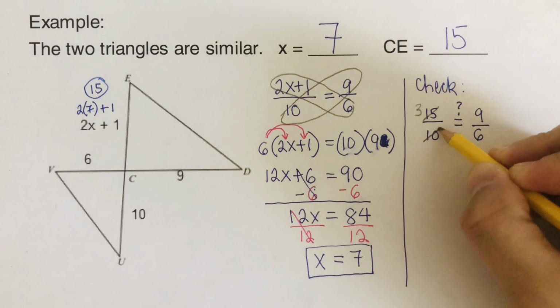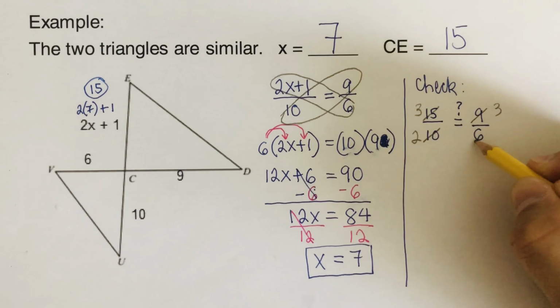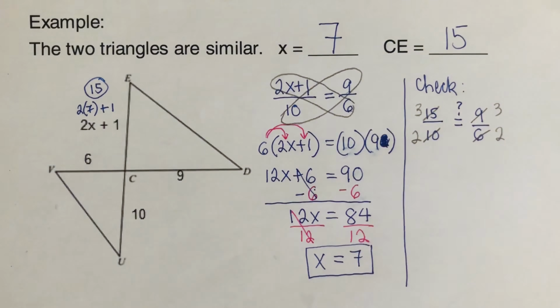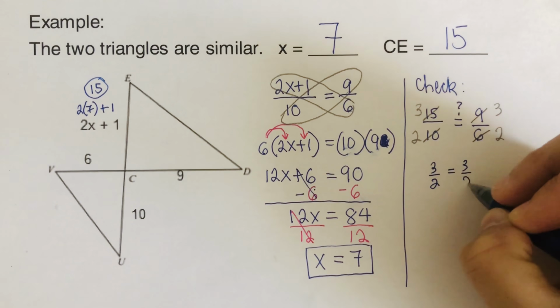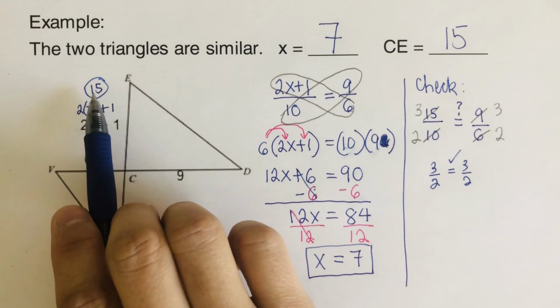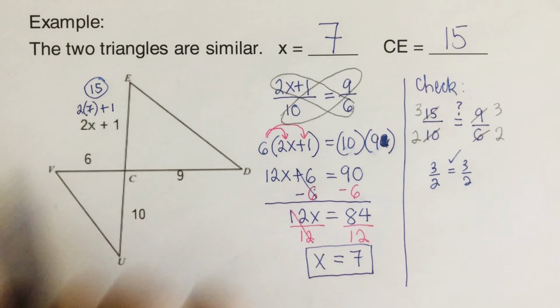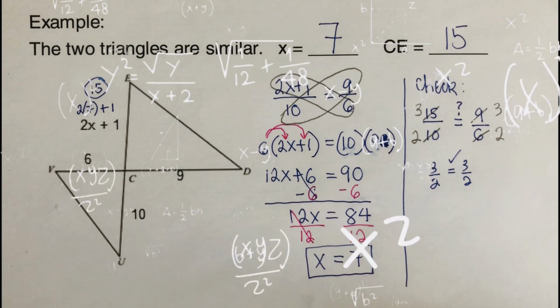This one goes by 5 twice. This one goes by 3 three times. This one goes by 3 twice. So that means we have 3 halves is equal to 3 halves. And so that means the value that we have here, which is 15, is correct. And these two triangles are similar.